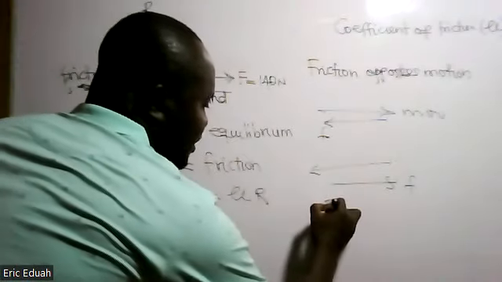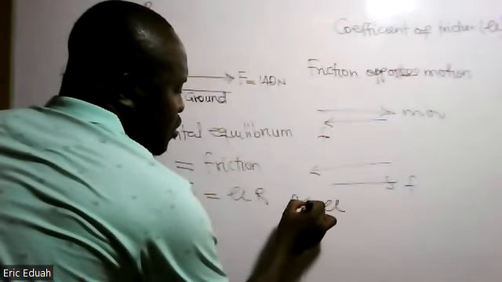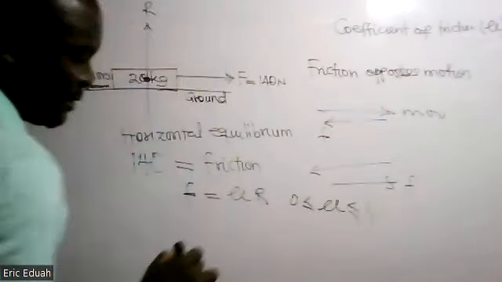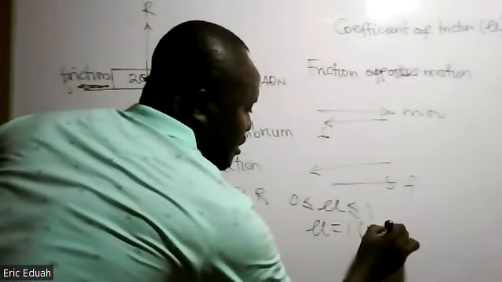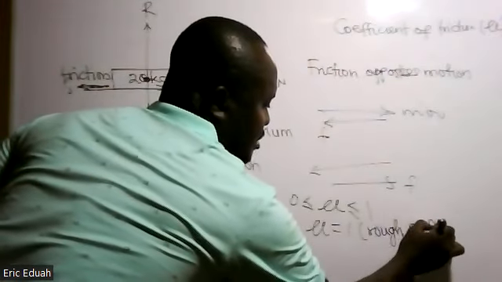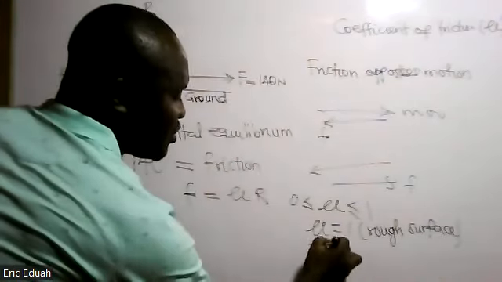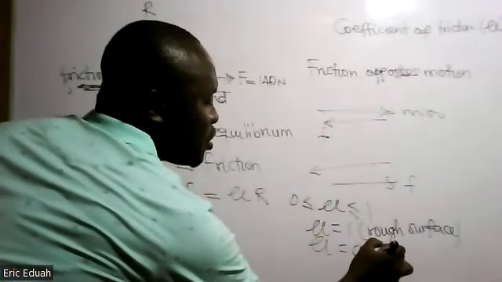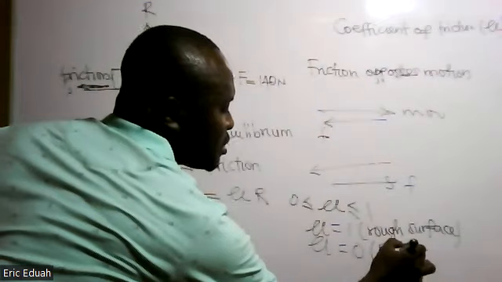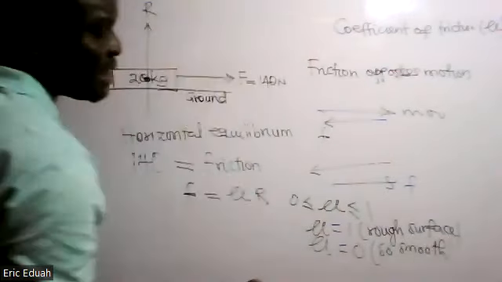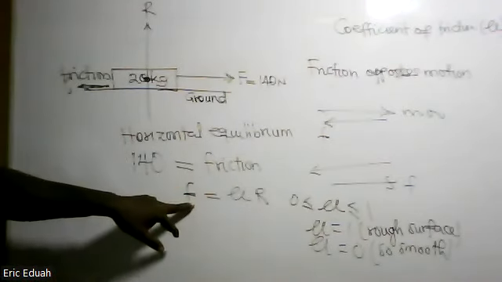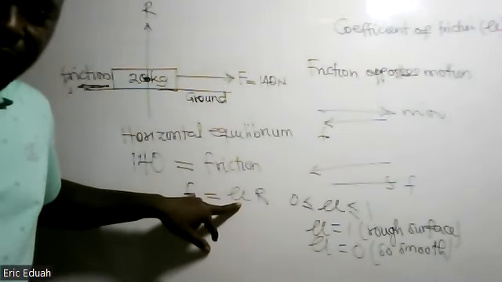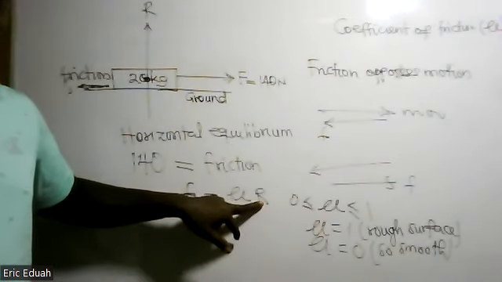But the coefficient of friction mu is between 0 and 1. If mu is equal to 1, then the surface is too rough. If the value is equal to 0, then the surface is so smooth, so frictional force is so low. So frictional force is given by the nature of the surface, mu, times reactional force, R.